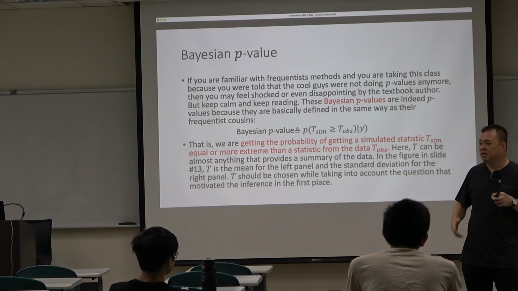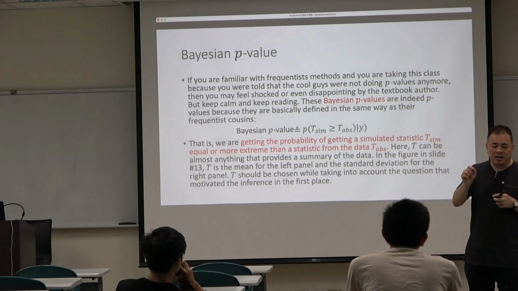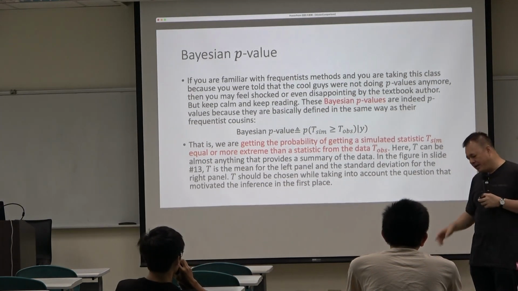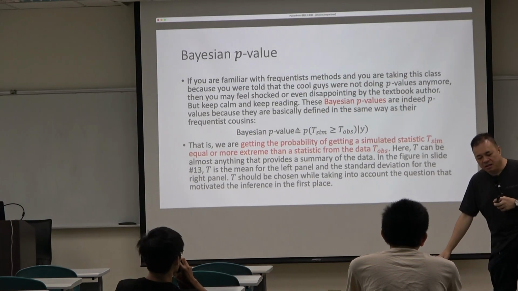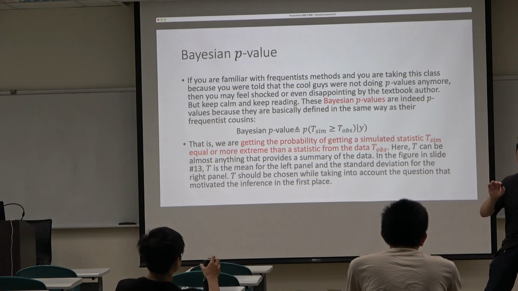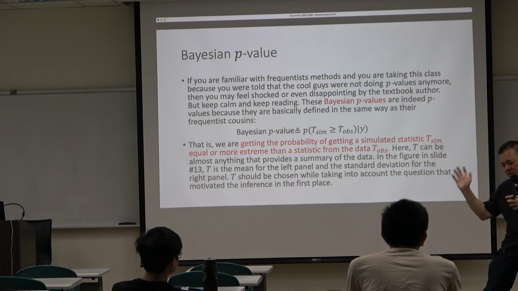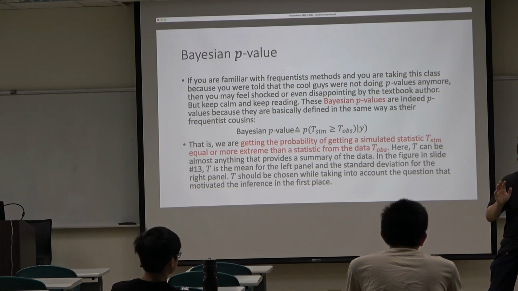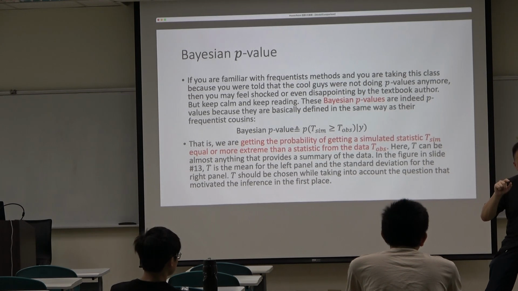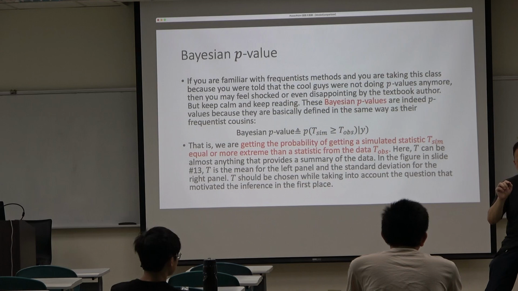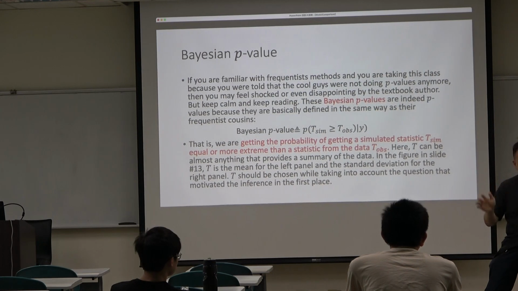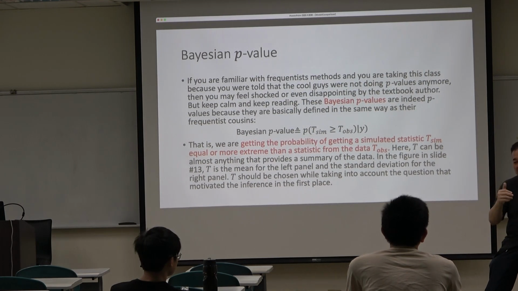The issue with the p-value for frequentists is that the way they draw samples from the true distribution will affect the computation of the p-value.